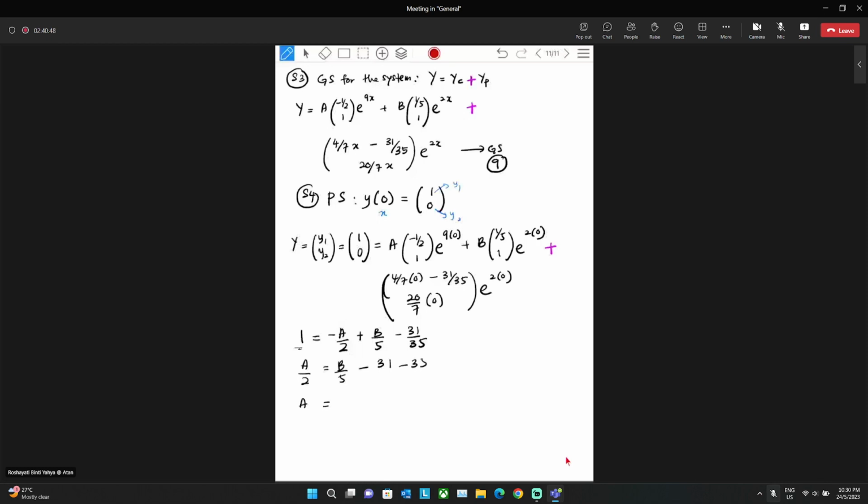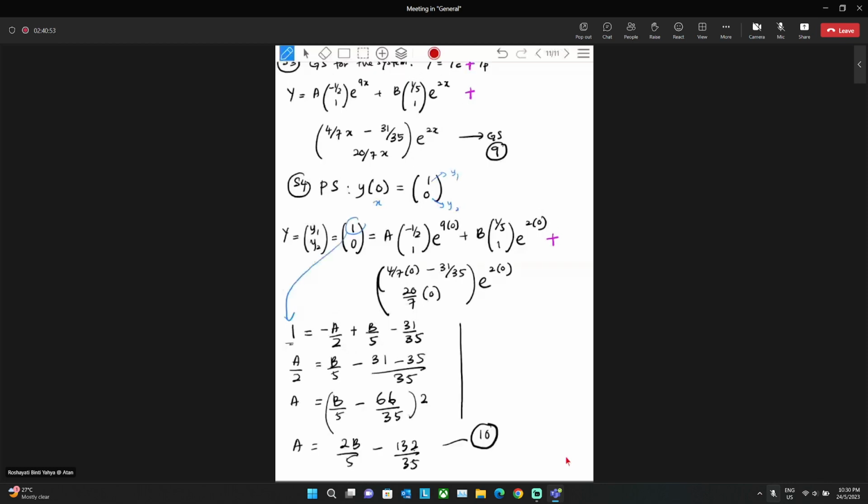And then for the orange one, we move it here: 0 equals A plus B. So A equals negative B.